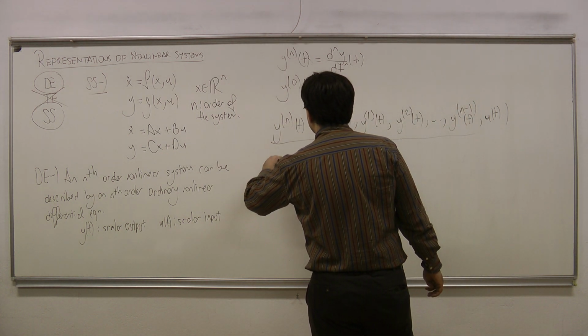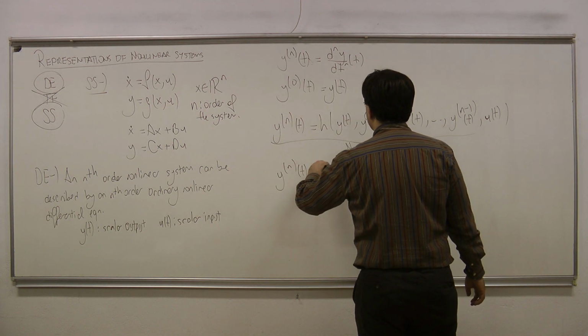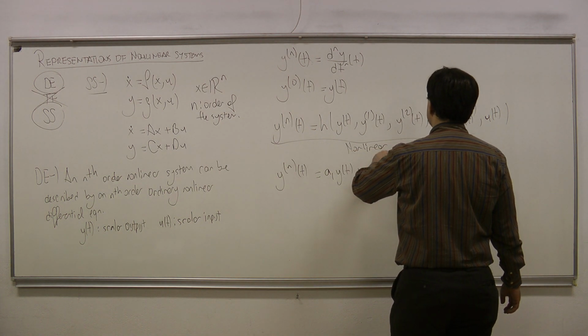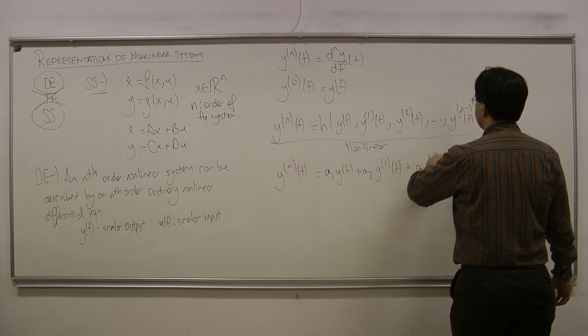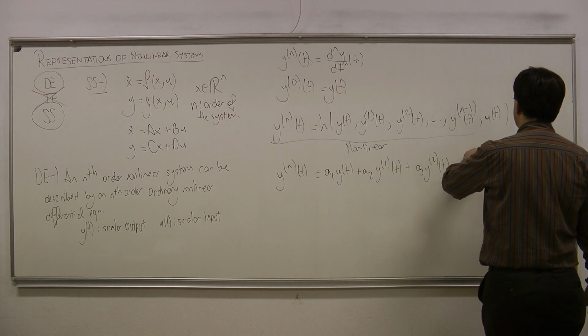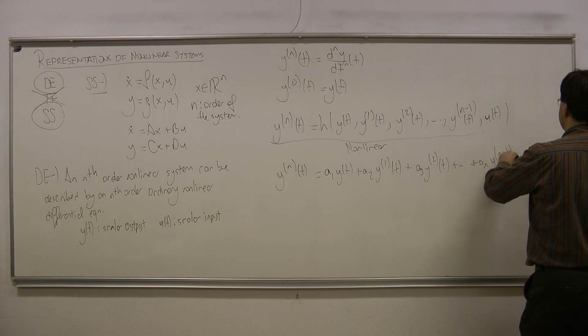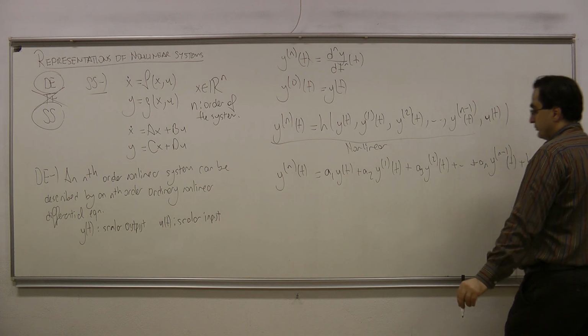Remember, in the linear case, the differential equation would look like this: a1 y of t plus a2 y prime of t plus a3 y double prime of t, going until an y to the n minus first order derivative of t, plus b1 u of t.